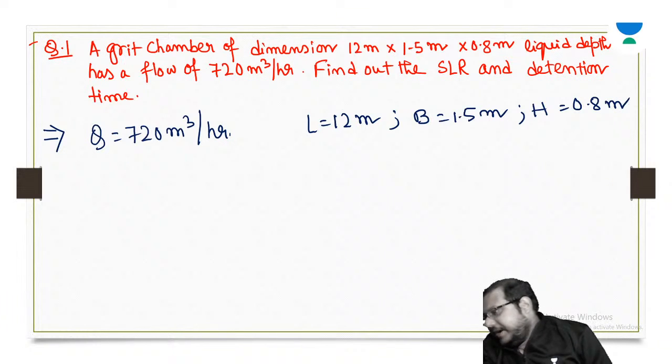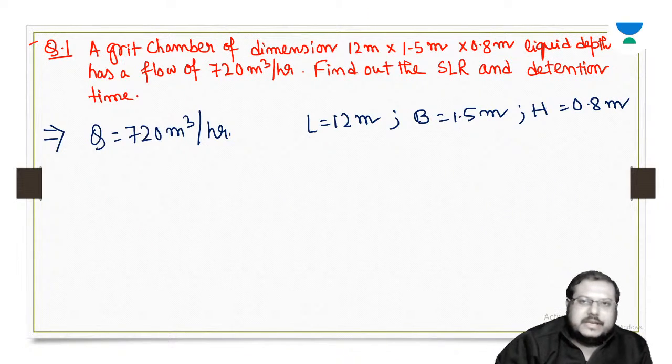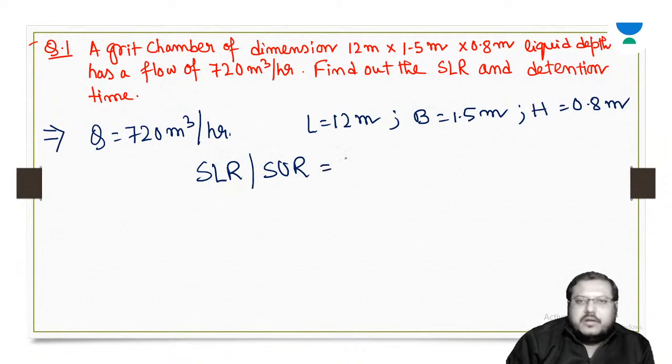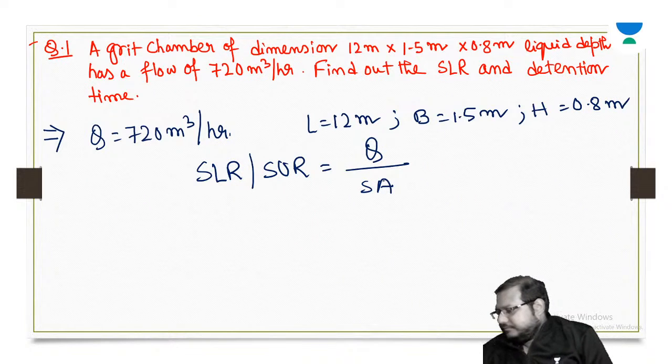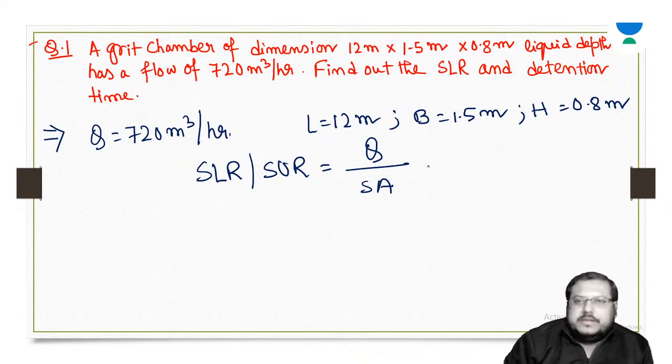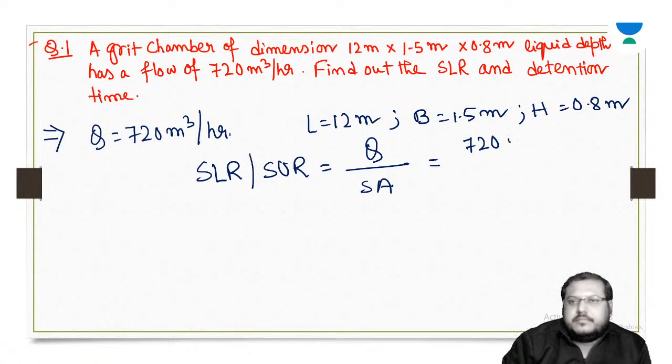L, B, and H are defined. They are asking to find the surface loading rate, SLR. It's nothing but the surface overflow rate, which is Q by surface area, where Q equals 720 meter cube per hour. Surface area is L into B, 12 into 1.5.